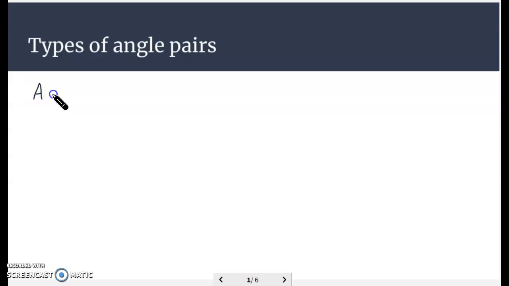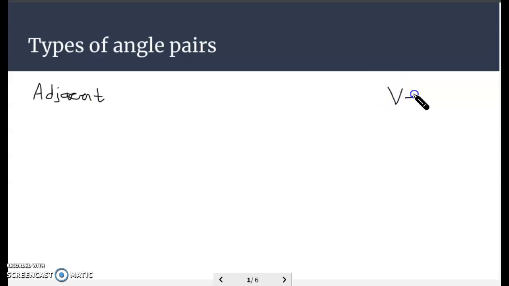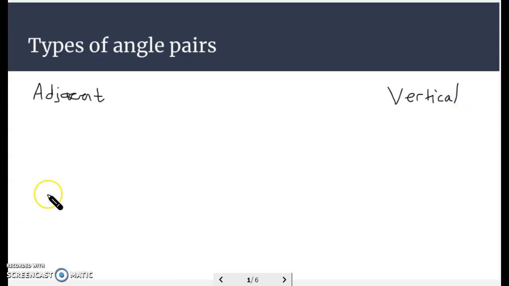First, we're going to figure out angles that are adjacent, angles that are vertical, angles that are known as a complementary pair, and angles that are known as a supplementary pair. These are all pairs of angles.